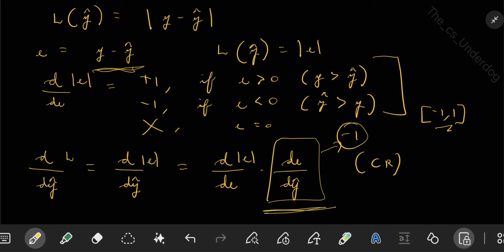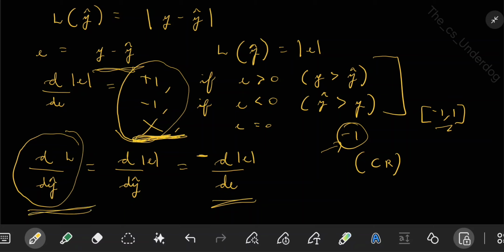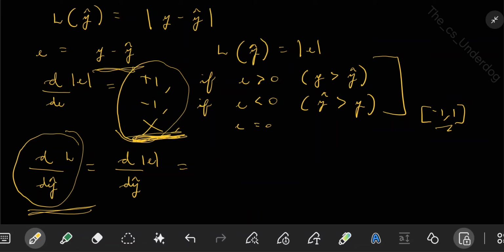So dL by dy cap will be negative of d by dE of mod E. And this value I already calculated, so if I just reverse the signs of whatever I got there, I will get d by dy cap of the loss. So I can just take the negative of these.